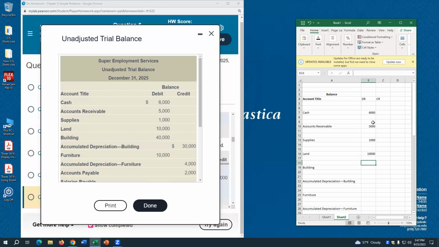and then carry over the net of the adjustments to the adjusted column. The advantage you have, since you've already done the adjustments in T accounts, is you know what you need to carry over into your adjusted trial balance column already, because we've already actually prepared an adjusted trial balance for this problem.